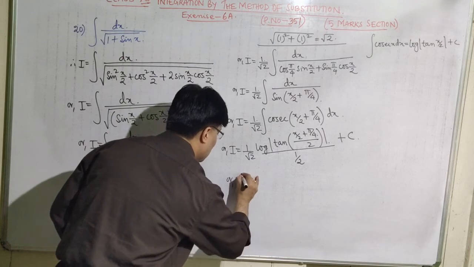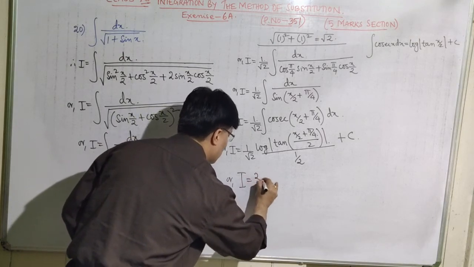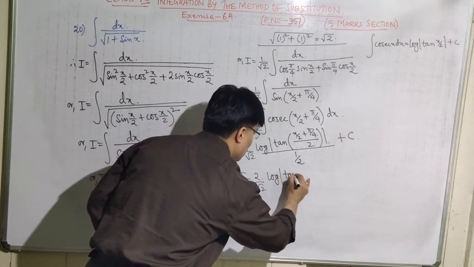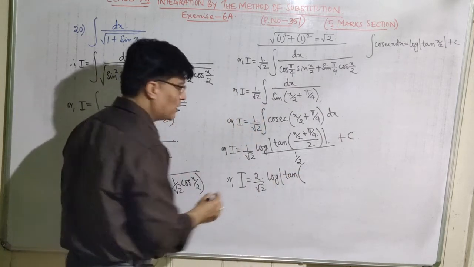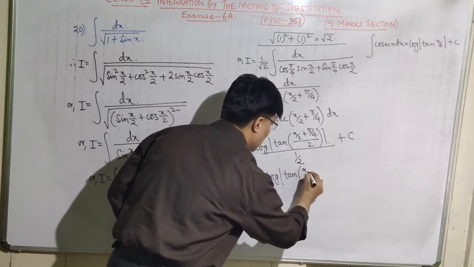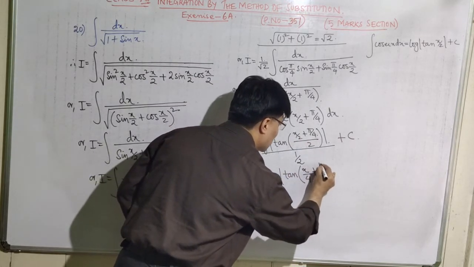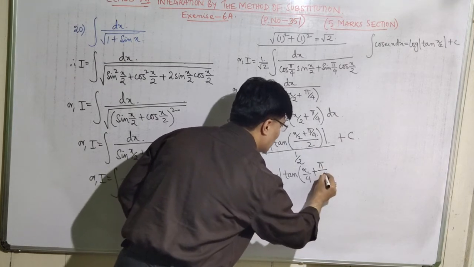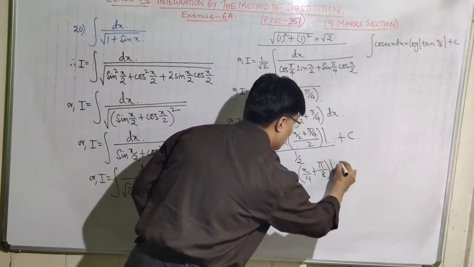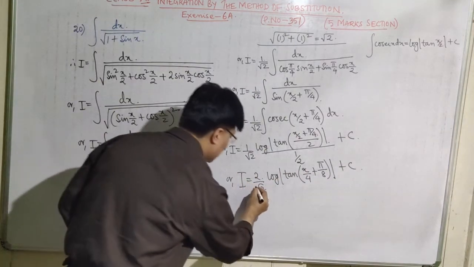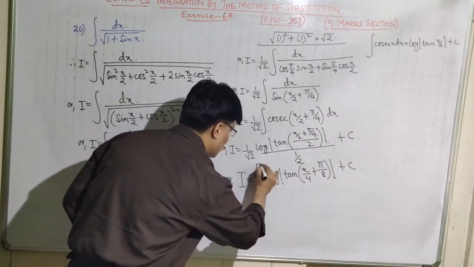So I is equal to 2 by root 2 log within mod tan of within bracket. Let us separate the term. x by 2, 2s are 4. This 2 and 2 will be multiplied, plus pi by this 4 and 2 will be multiplied, 8, mod sign closed plus c. So here you can cancel. Root 2 ones are root 2.